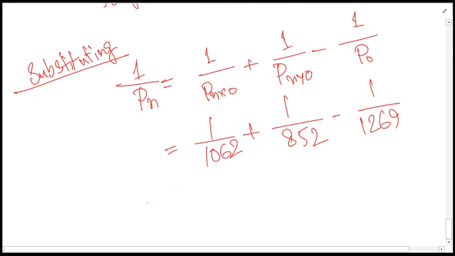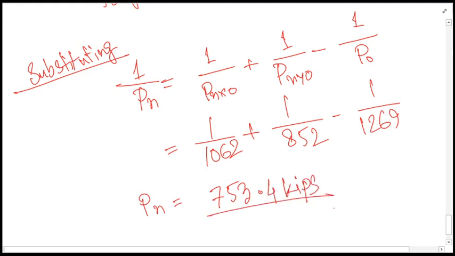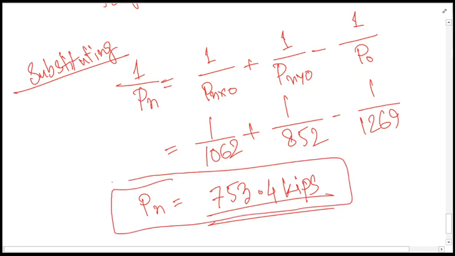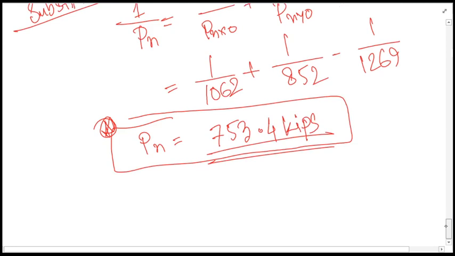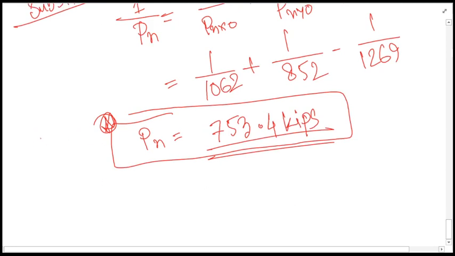From there you can calculate the Pn value, which equals 753.4 kips. This is the nominal capacity of the column with eccentricities ex and ey, that is the axial load with the moment, which reduces the capacity up to this value.